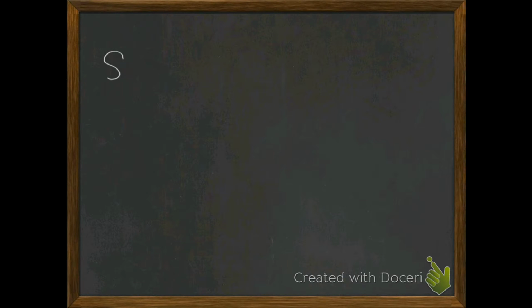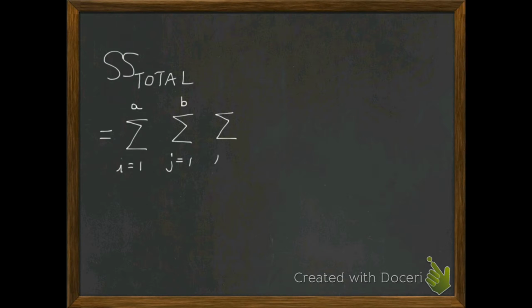So first of all, the sum of squares for the total can be found by taking the sum from I equal 1 to A, J equals 1 to B, and K equals 1 to N. So you're going to see consistent notation here in that I'm going to use I's, J's, and K's for my A factor, B factor, and my cell count N, respectively.